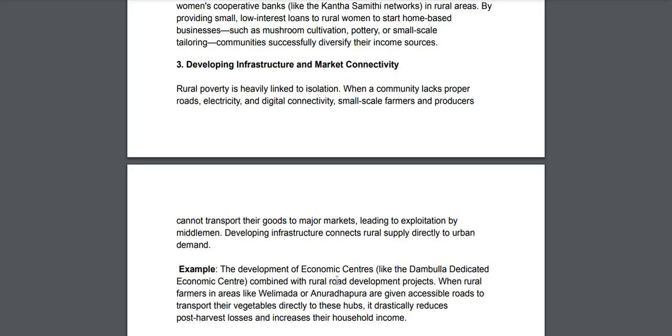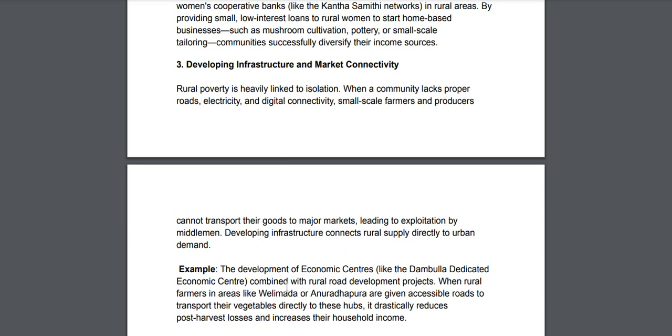Okay, so that is it. You can see how they have given the examples here. They have developed these economic centers, right? Here you can see, like Dambulla, the economic center is there. Like that, there were different centers combined with rural road development projects.